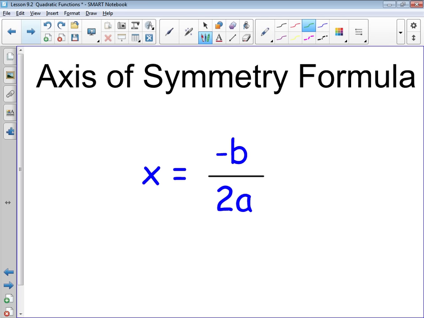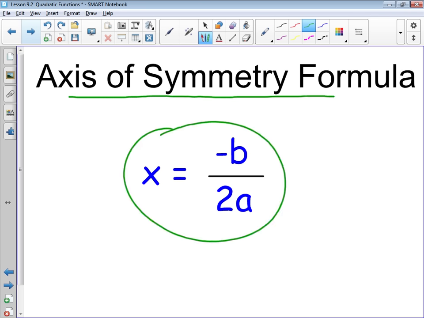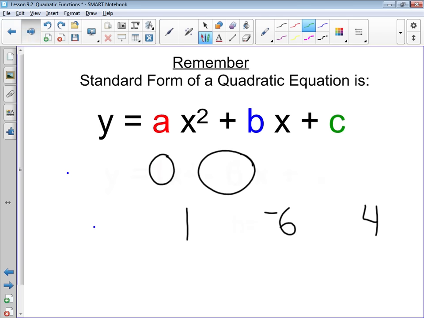This is important because you're going to use a formula that will tell you exactly what the axis of symmetry is. So the first thing that you should be writing in your notes is the axis of symmetry formula, which is x equals negative b over 2a. The b and the a come directly from the equation back here.